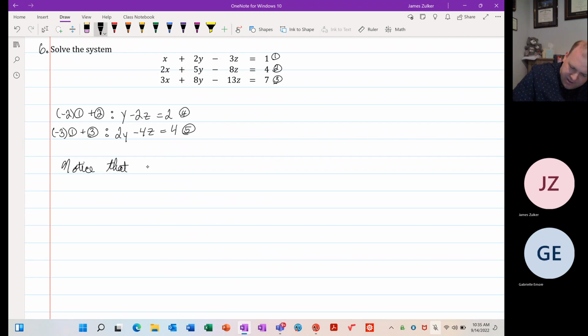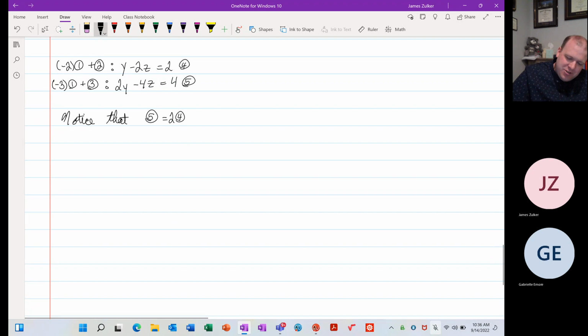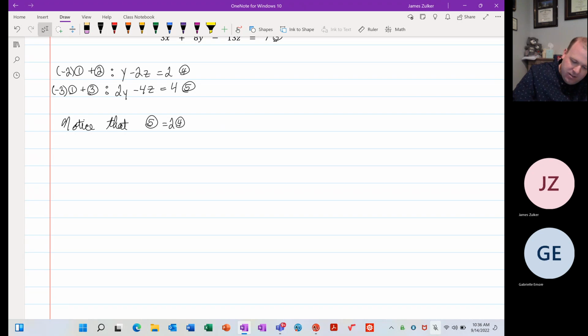So notice that equation number 5 here is 2 times equation number 4. These are the same. So what we can actually do is just ignore one.